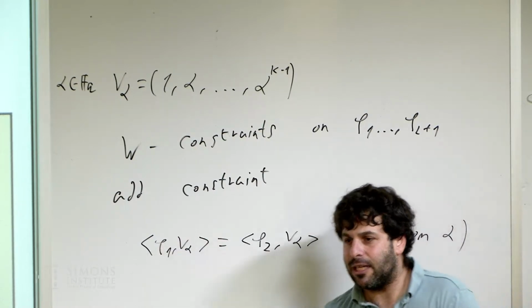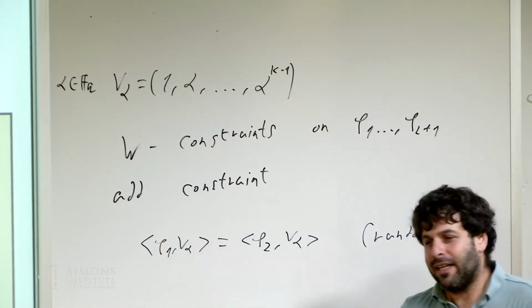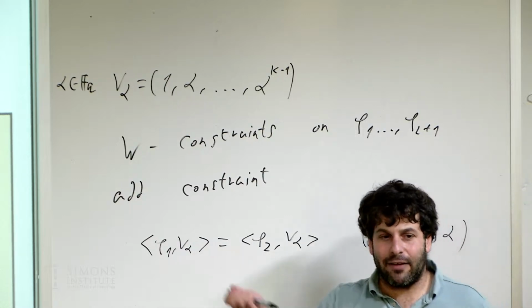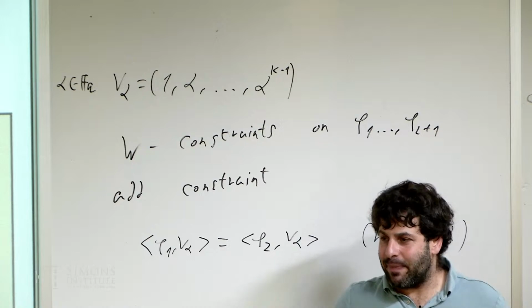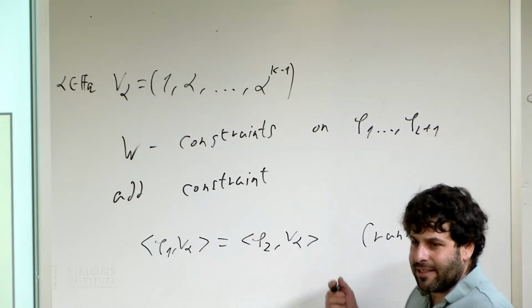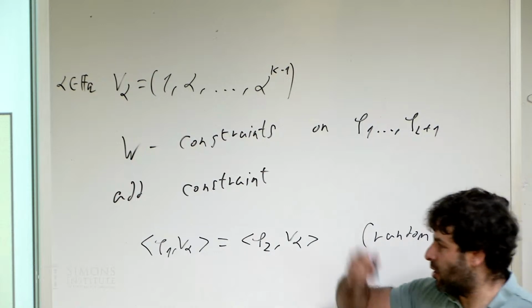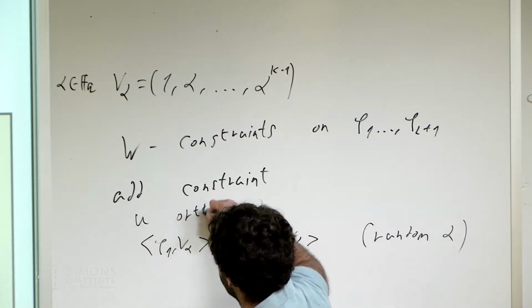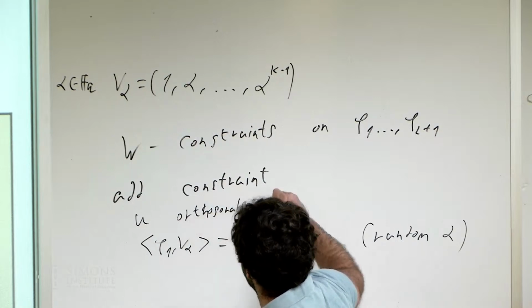If not, then the space of constraints of this form that have already been spanned is not full dimension, so there exists some vector orthogonal to it. Let's call it U, orthogonal to the previous constraints.